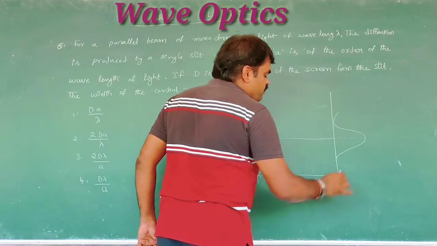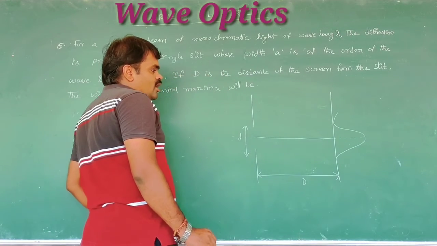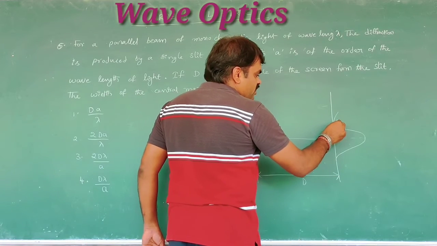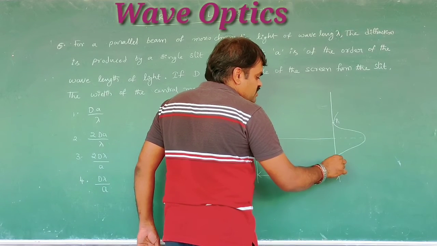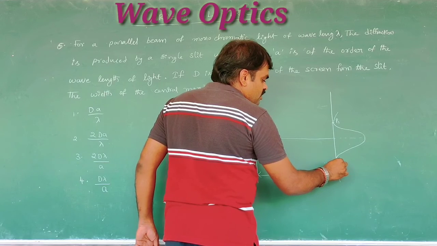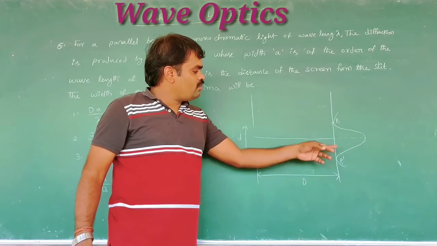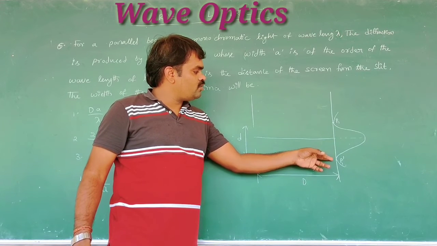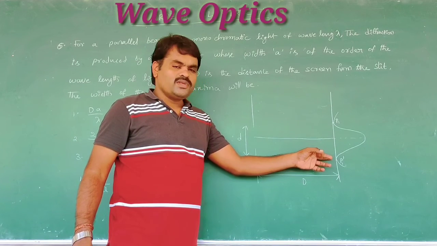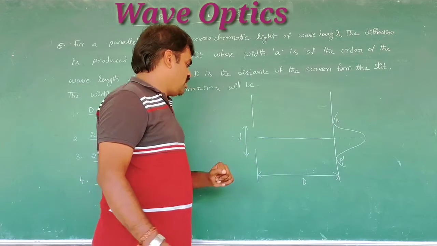Central maxima here. Now this is the first minima, this is P1 dash, the first minima on either side of the central maxima.